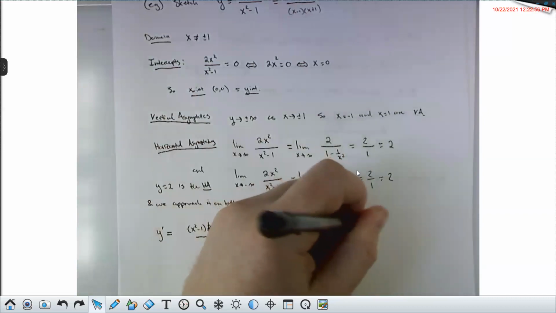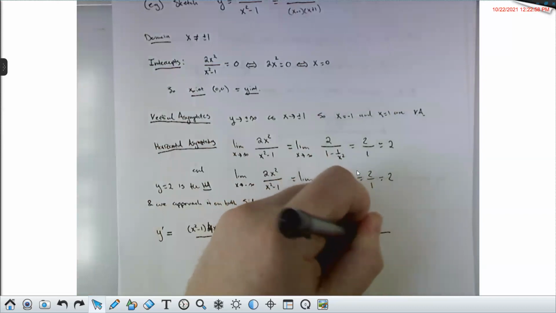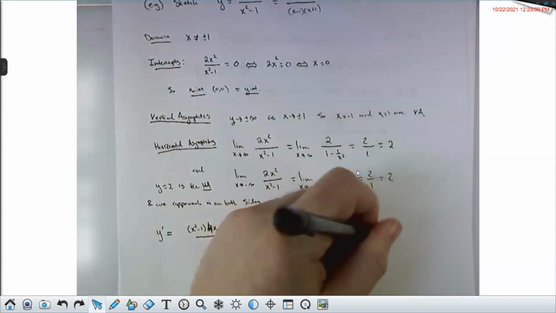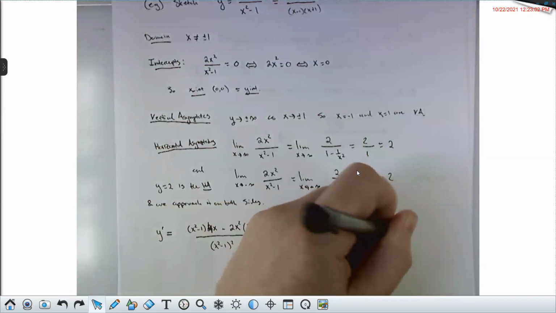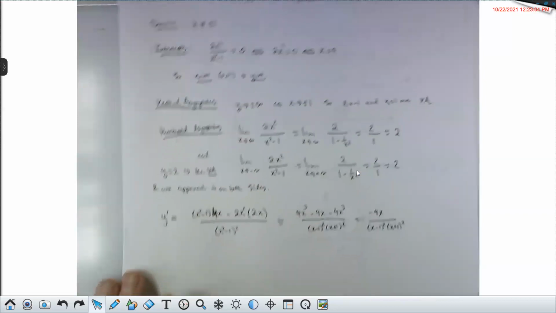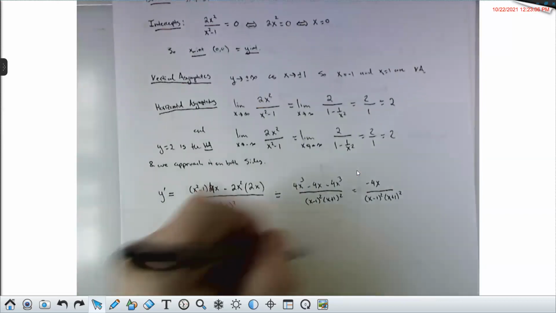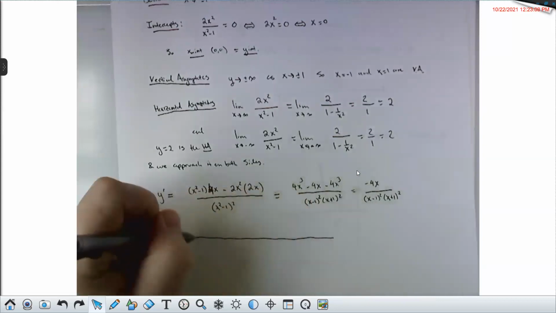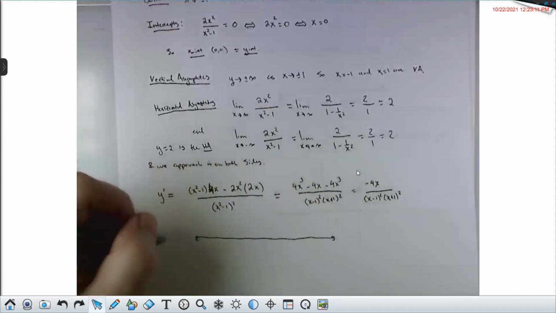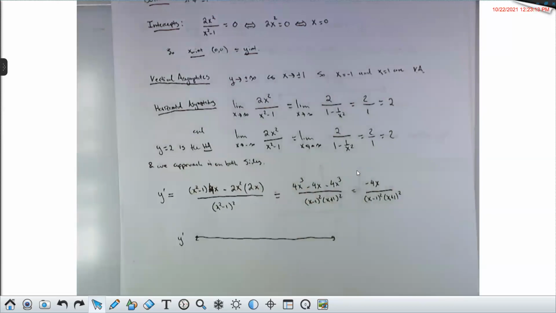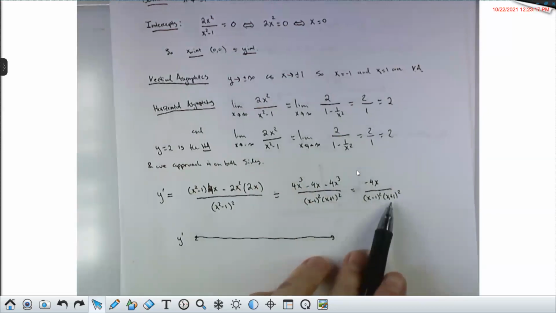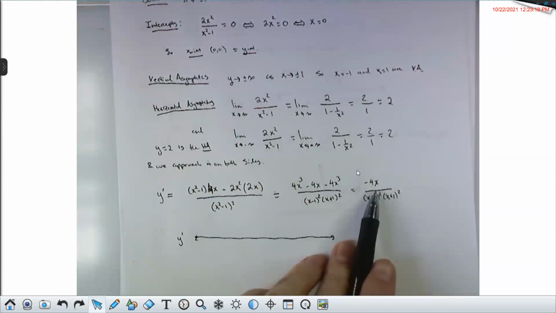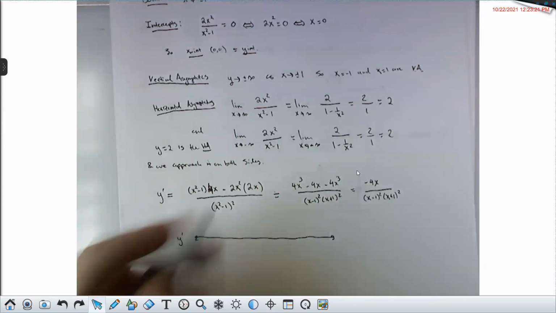So this is negative 4x over x minus 1 squared times x plus 1 squared. So if I want to make a number line for my first derivative, the critical numbers for this function would be negative 1 from this factor, 0 from the top, and positive 1 from this factor.